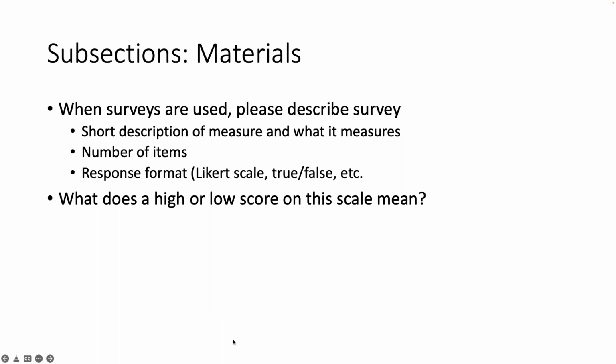A sample item includes, etc., whatever the measure is. And then you say something like, if you score high on the Beck Depression Inventory, that means that you are high on depression. Now, this might seem obvious to you, but to a new reader, a researcher, they might not know this information, and it might be important that they glean this from what you write.